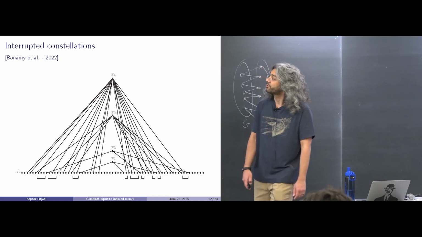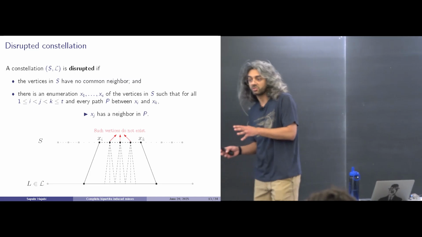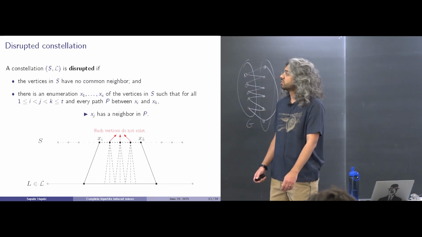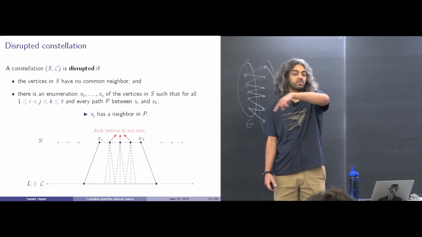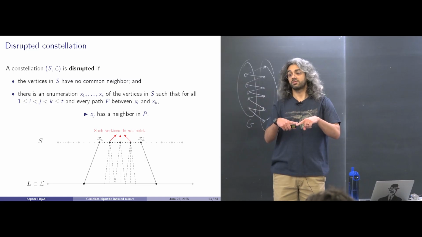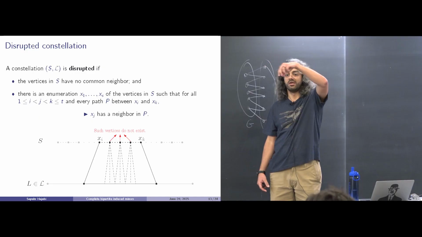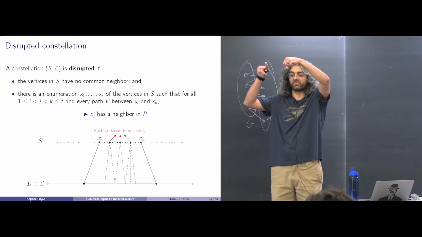The second example is what we call a disrupted constellation. Even though the name doesn't suggest it, it is the exact opposite of what an interrupted constellation is. So in a disrupted constellation, again, you need the vertices in the stable set to not have common neighbors in the paths. And for every choice of 3 vertices in the stable set, the middle one is going to have at least one neighbor in every path that goes from the left one to the right one.